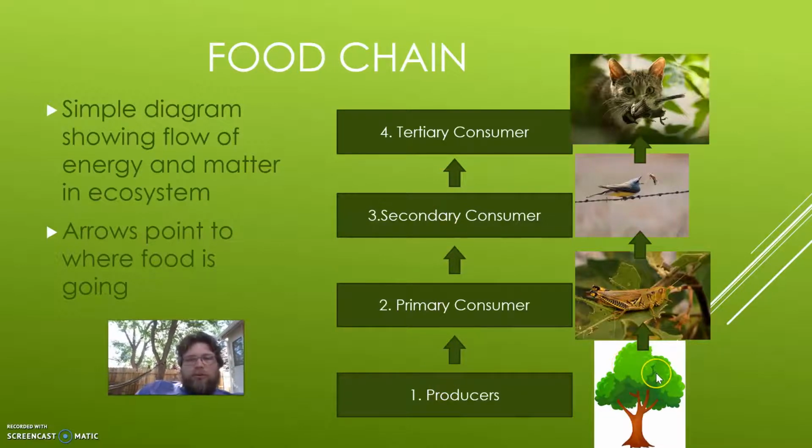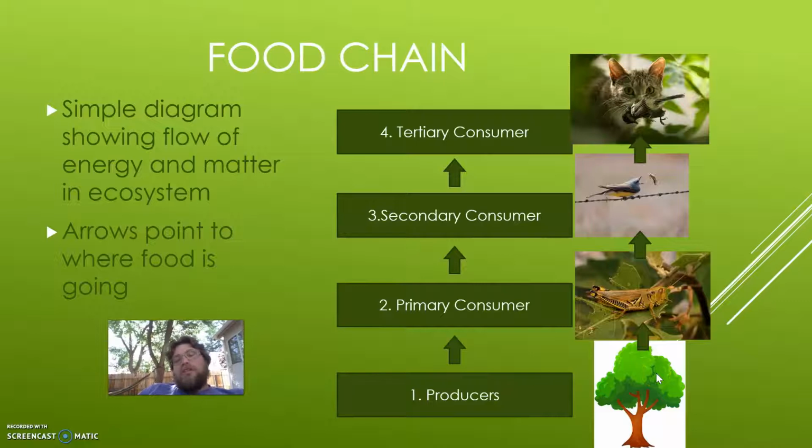So in a simple food chain, I was trying to think of Clovis East. You have trees out at Clovis East in the amphitheater. They're producers, so they are consuming sunlight energy. They're trophic level 1. Then trophic level 2, primary consumers. I'm going to use grasshoppers. I'll use an arrow going from producers to primary consumers, going up a trophic level.